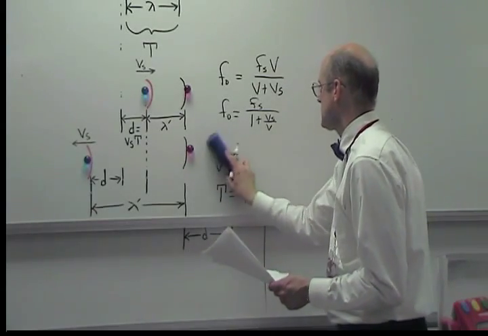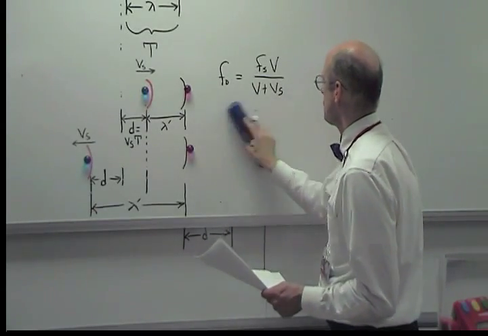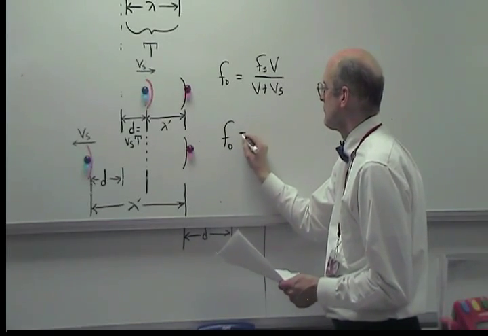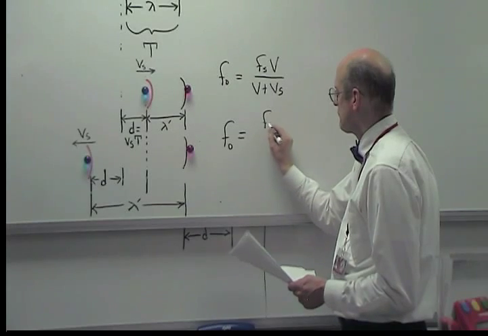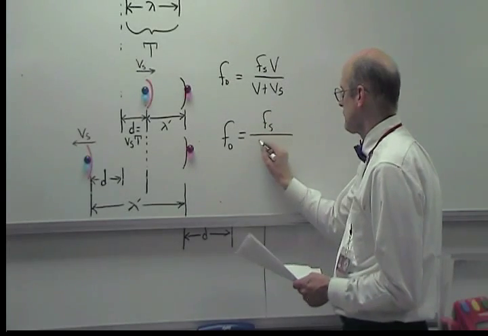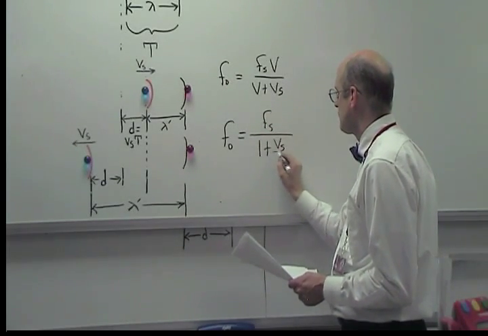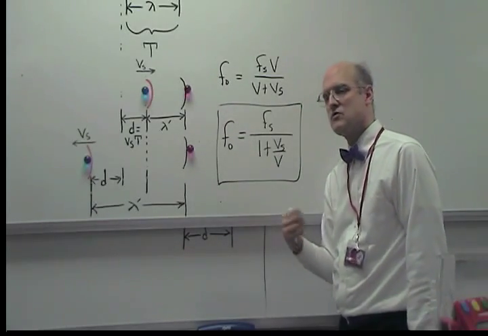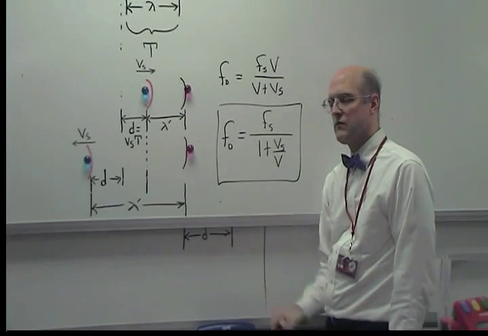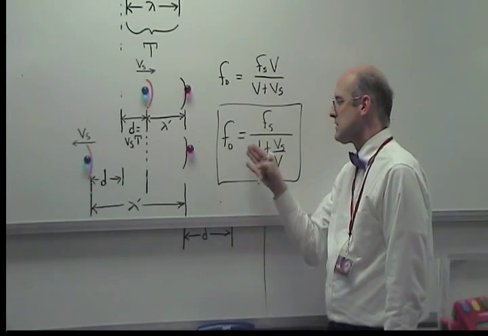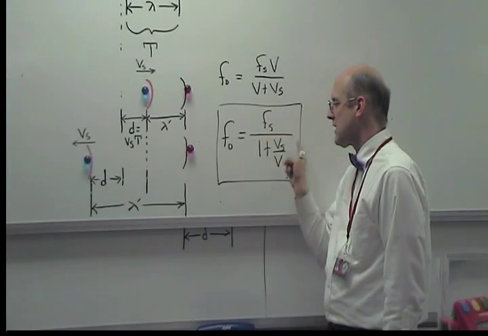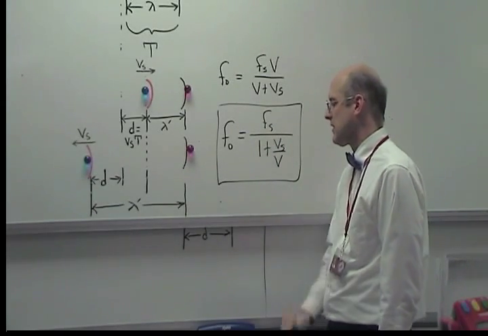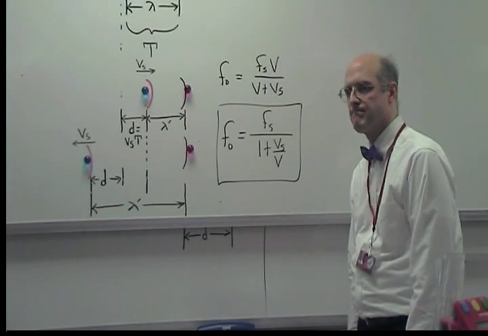So let me erase this and rewrite it. So this equation gives the frequency observed if the source is moving away from the observer. It's equal to the frequency of the source divided by 1 plus the speed of the source divided by the speed of sound.